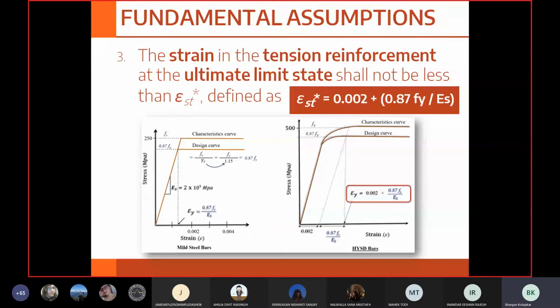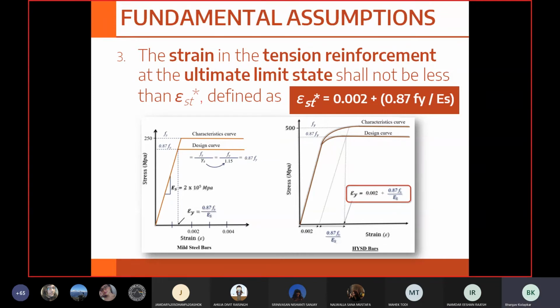The strain in concrete can have a maximum value of 0.0035. But at the same time, when the failure occurs, the minimum strain in steel should be 0.002 plus 0.87 fy upon Es. So that is the difference between these two assumptions.